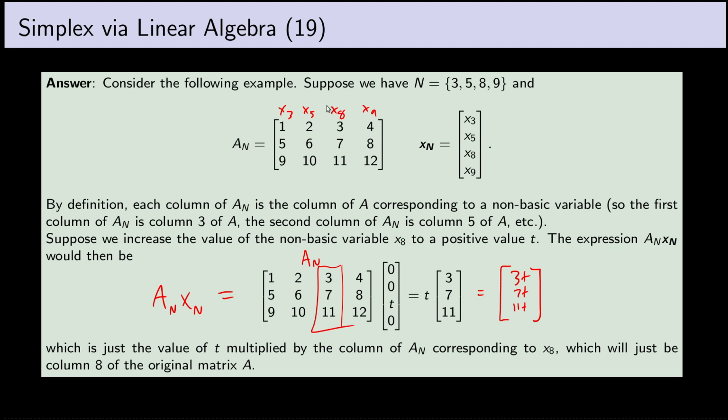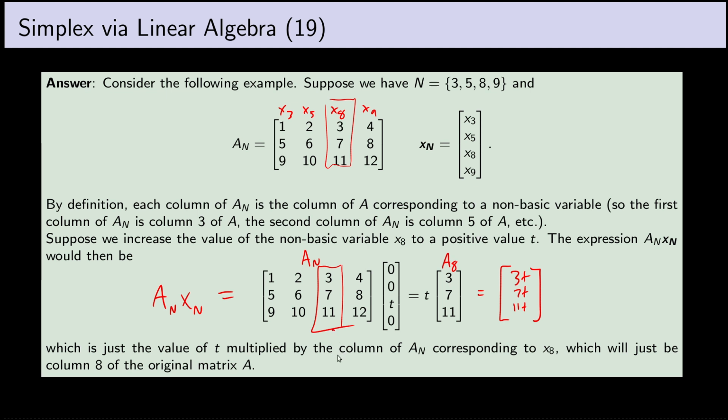It happens to be the third column of AN, but in general, if my non-basic variable is x8, this will be the 8th column of the bigger matrix A. So we'll call this A sub 8, which refers to column 8 of the big matrix A. We don't really know or care exactly what column it's going to be in AN, because depending on what the other non-basic variables are, this could be anywhere inside of AN.